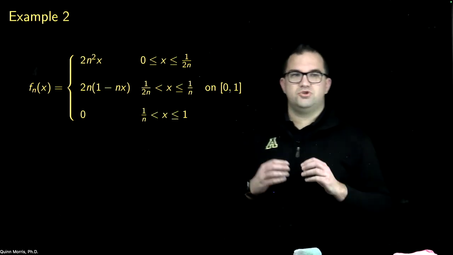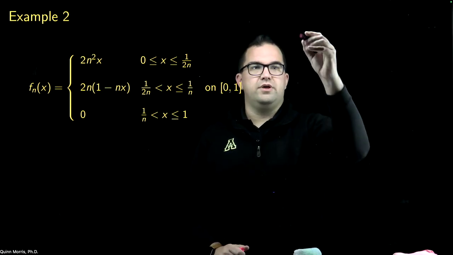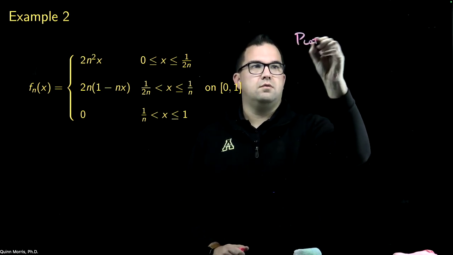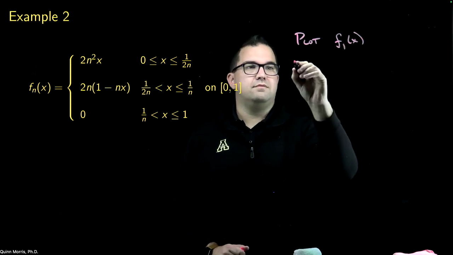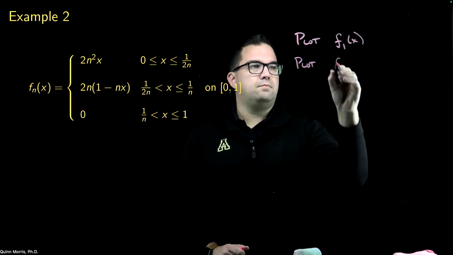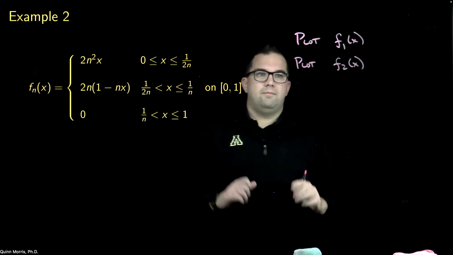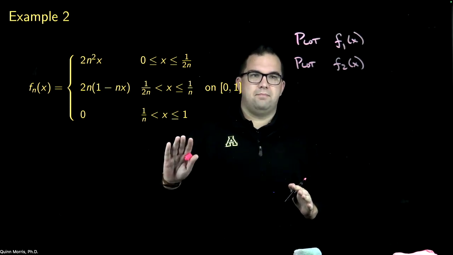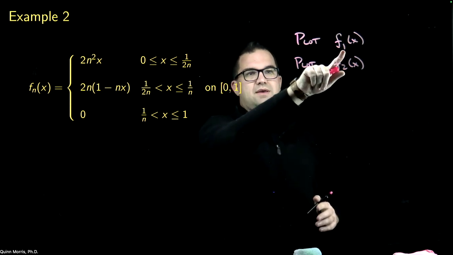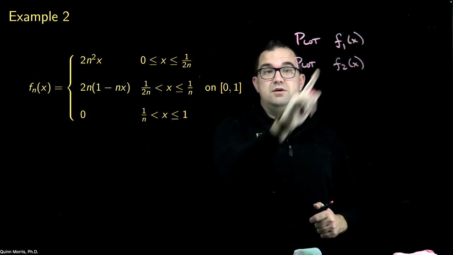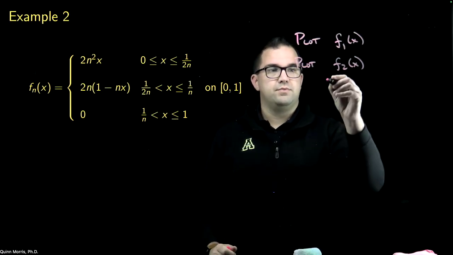What I want to encourage you to do is to pause this video and try to do two things. Plot f sub 1 of x by hand, and plot f sub 2 of x. Notice I'm giving a specific value of n, so you can substitute in the values of n and see if you can plot these.